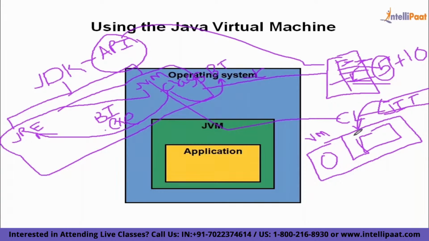The .class will then be given to my class loader. After the class loader, my just-in-time compiler will check that this is the same code which has been executed before. So, do not convert these 5 lines of code into binary. It is already available with us. Do only the conversion of these 10 lines of statements into binary.